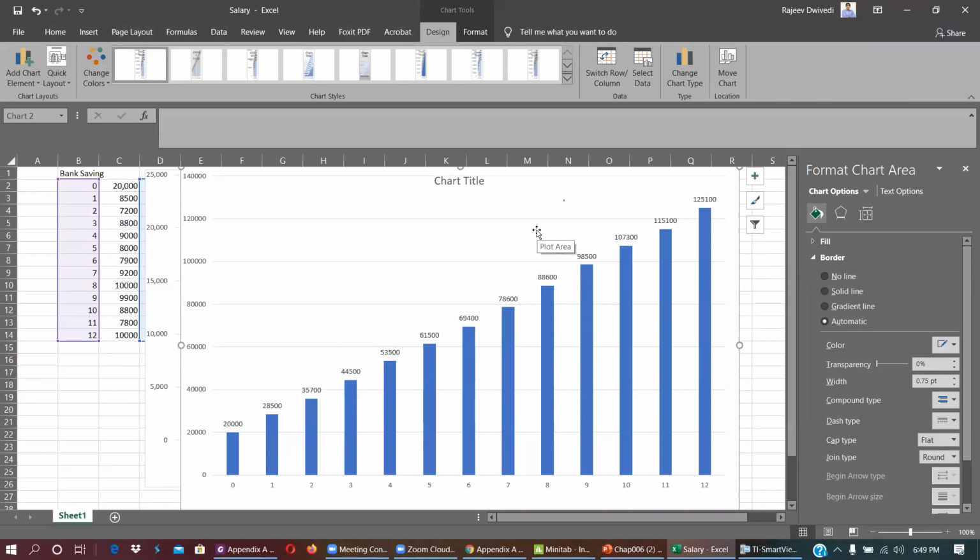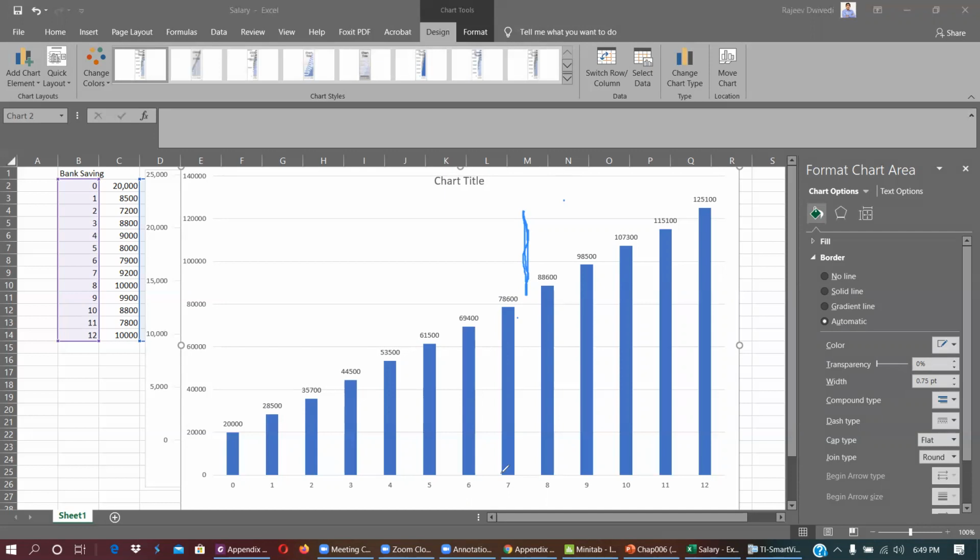So now I have this data, this is my annual saving. Now my question is here, what is my saving after July? So here is how I can get to know in one step.